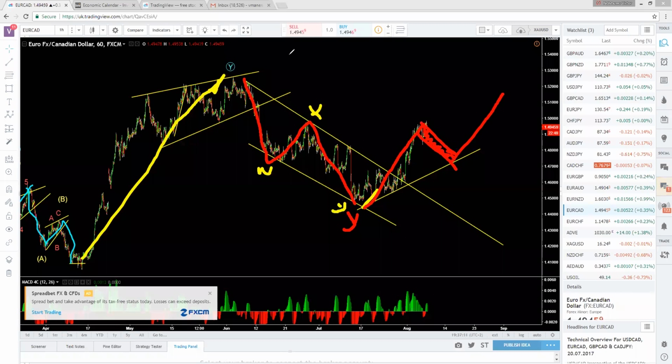So what will that do? That will give us an impulse, W. So an impulse, and then we've got this WXY here. Impulse, WXY in red, and then that impulse starts the new trend here. After this correction, we get this trend.